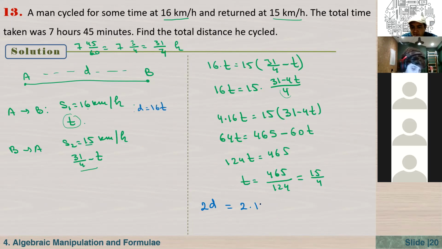So here we have 16 times t. So 2 times 16 is 32. And what is t? t is 15 over 4. So 32 over 4 is 8. 8 times 15 is 120. So the total distance he cycled was 120 kilometers.